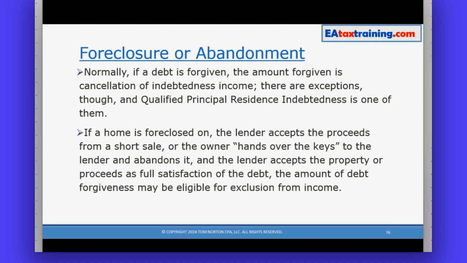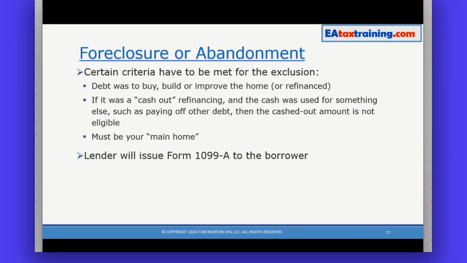If a home is foreclosed on and the lender accepts the proceeds of a short sale, or the owner hands over the keys to the lender and abandons it, and the lender accepts the property or proceeds as full satisfaction of the debt, then the amount of that debt forgiveness may be eligible for exclusion from income. So certain criteria have to be met.